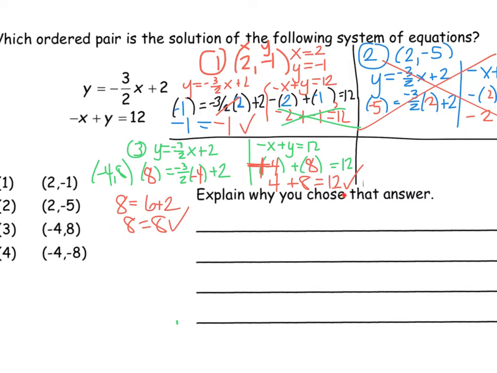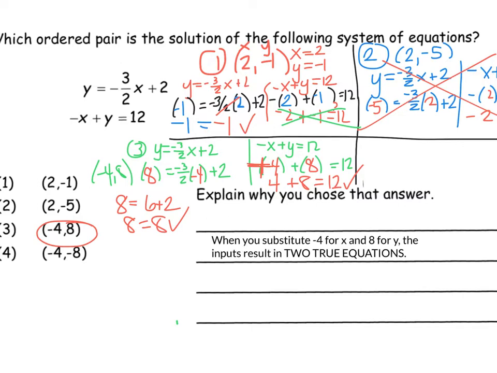And then we had a true equation over here. So the ordered pair that is the solution is (-4, 8). Now, this works because when you substitute in negative 4 for x and 8 for y, it creates two true equations. And there you go.